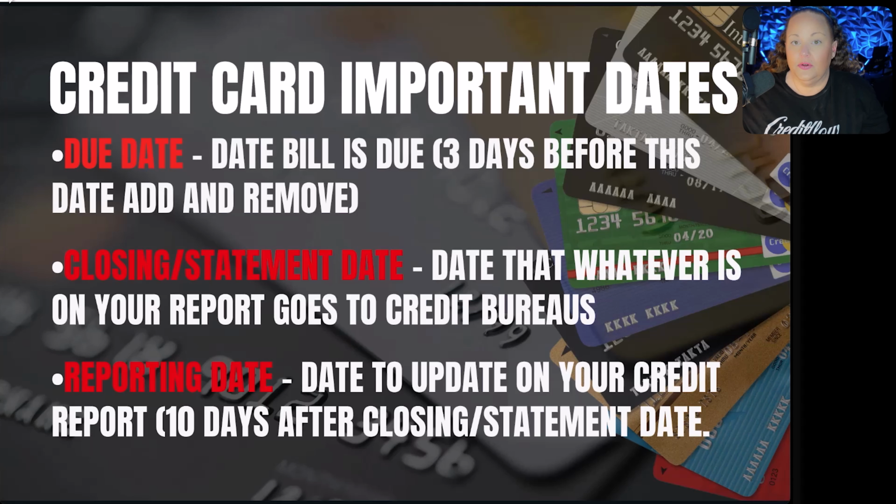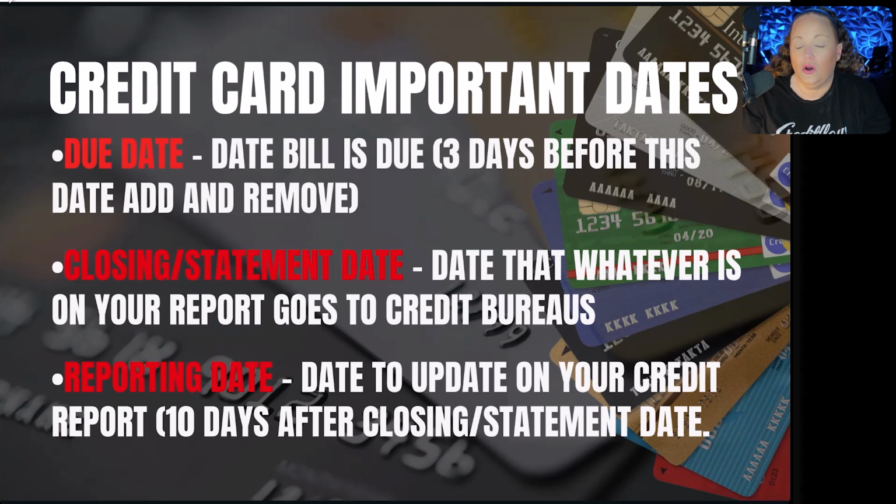Sometimes it can take a little bit longer if there's holidays, but the updates will show up on the credit reports about 10 business days after the statement date. So if your statement date is on the 15th, you can expect to see that card report to your credit reports by the 25th, or it might be a few extra days in some cases.